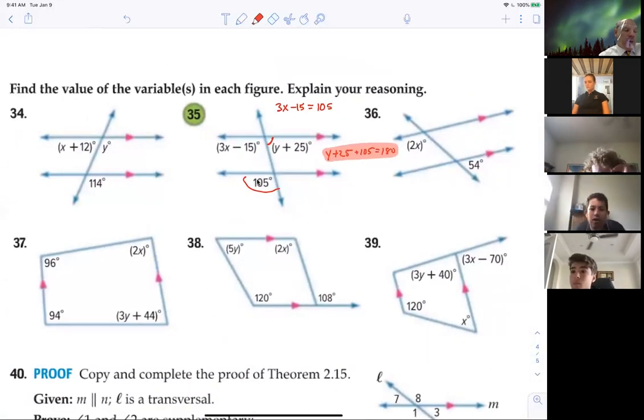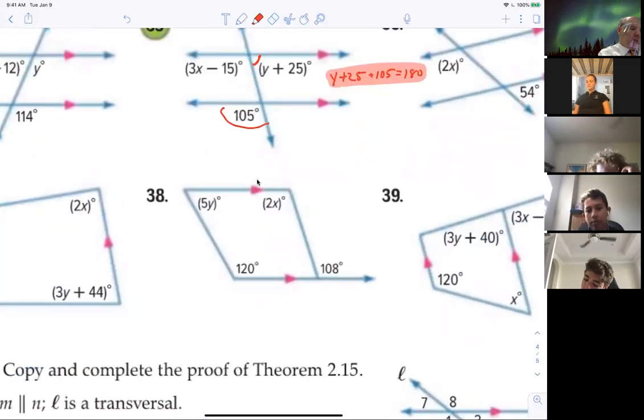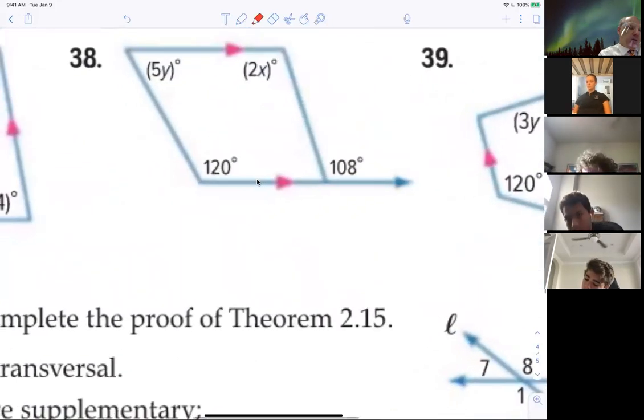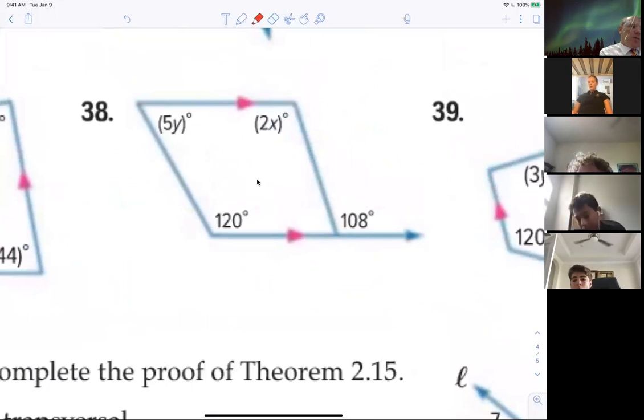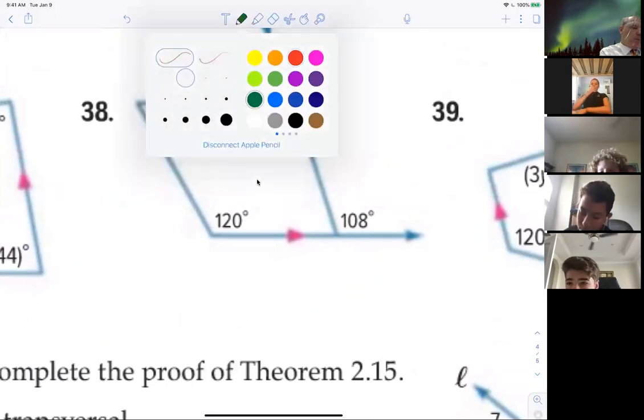Okay, now I want to look at something else. Okay, so let's just look at 38 real quick. Now, here, I always used to try to teach kids this little technique that should help.